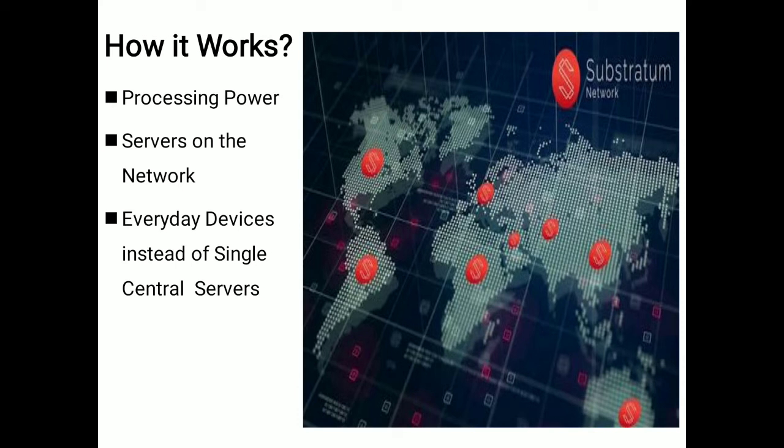Your desktop or device effectively becomes one of the servers on the network. The idea is that regular servers use a lot of processing power in order to connect to the internet and host websites. Why not use the extra processing power from everyday desktop devices instead of single central servers? So this is how Substratum provides a decentralized system.